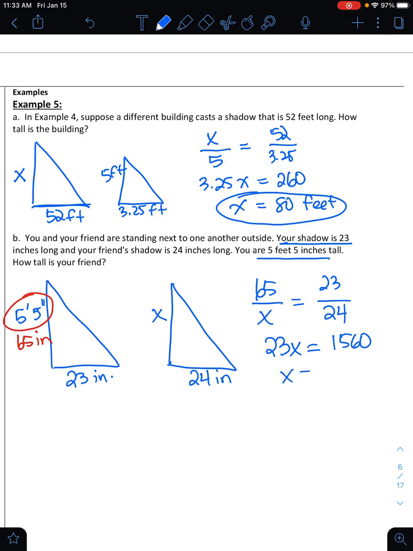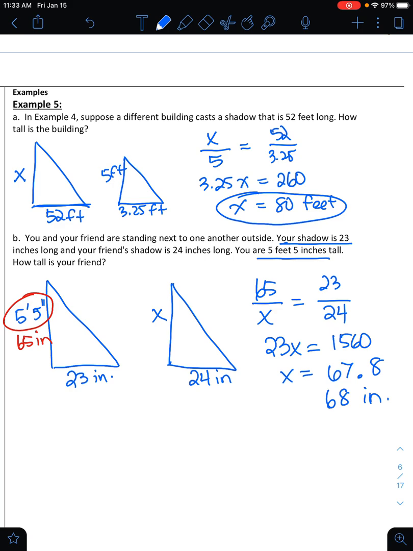Okay, I have a decimal here. So let's say 67.8. I'm going to propose we go ahead and call this 68 inches, because that will be easier to convert back to feet and inches.